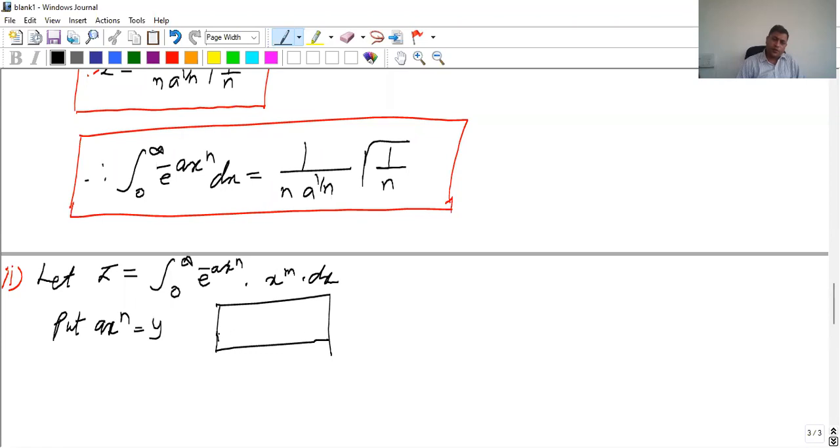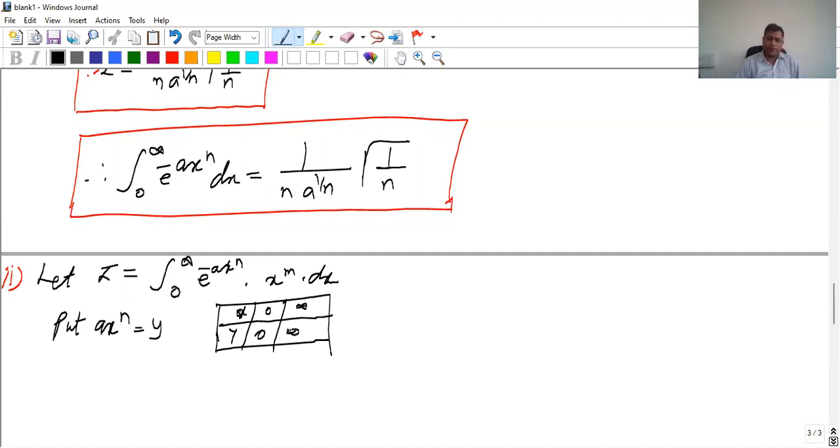And we know about the limits. For x equal to 0, y will be 0.